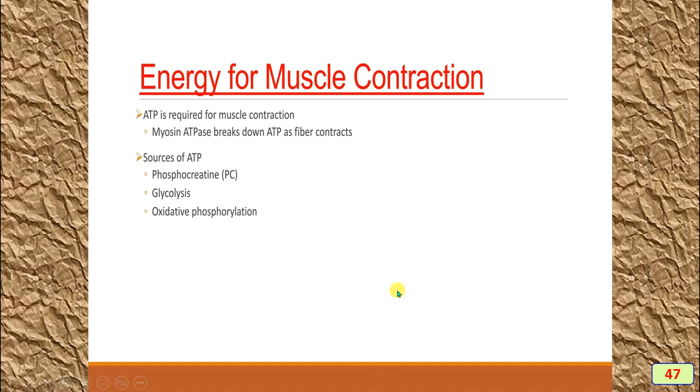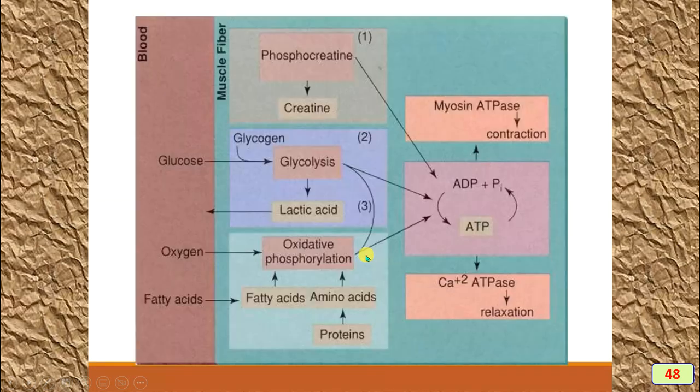They are the important sources of adenosine triphosphate. So this is the step by which a muscle fiber is being supplied with energy, initiating a cascade of events.